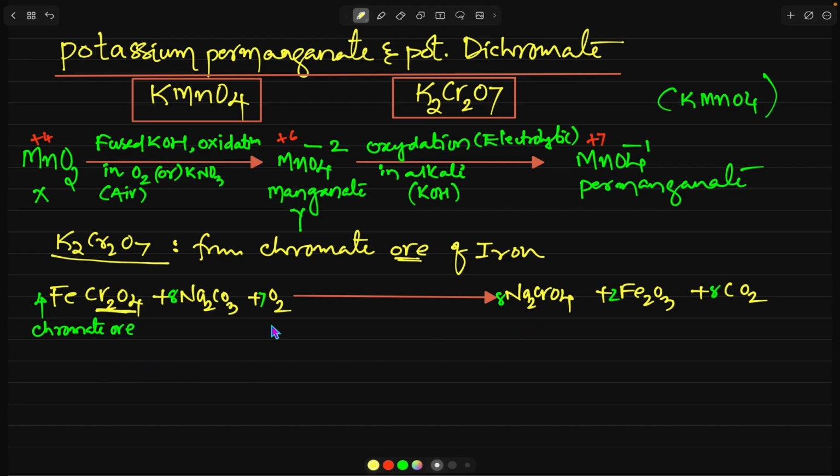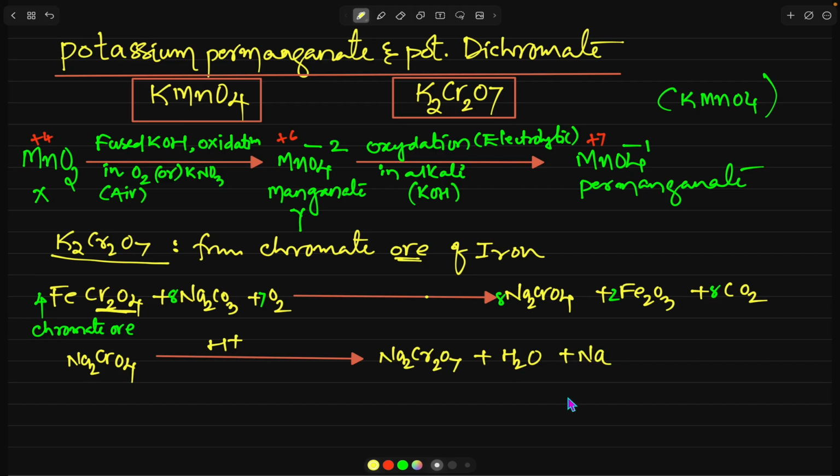And this compound, Na2CrO4, when it is treated with acid, that is H plus, we will be getting Na2Cr2O7 and H2O, and sodium ions are released out.